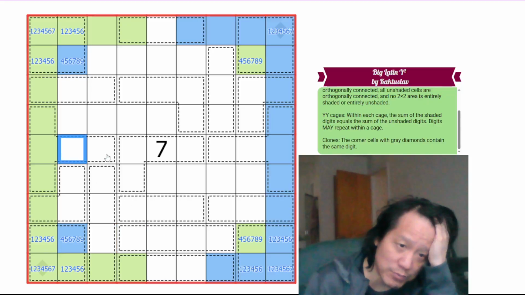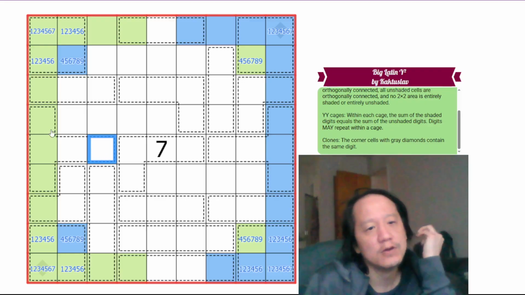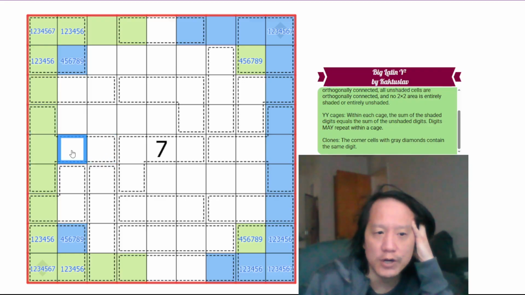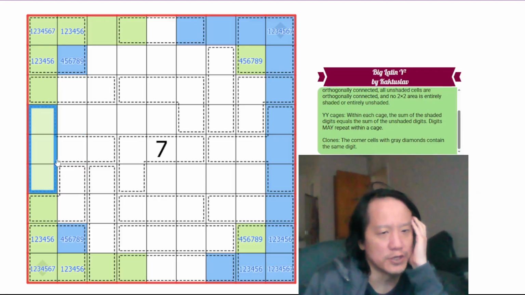This could be 1 blue and 1 green, or 1 green and 1 blue, because you can repeat in cages. You could have something like 1, 2, 3, 1. That would be kind of problematic, though. Say you did have 1, 2, 3, 2, or something like that.